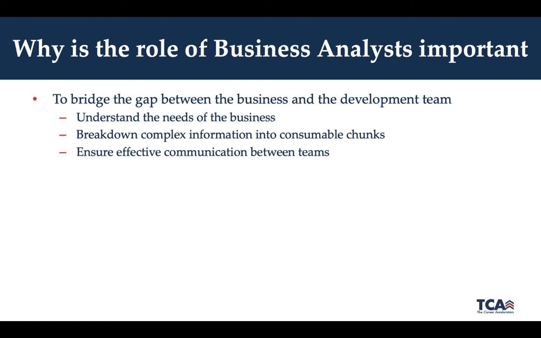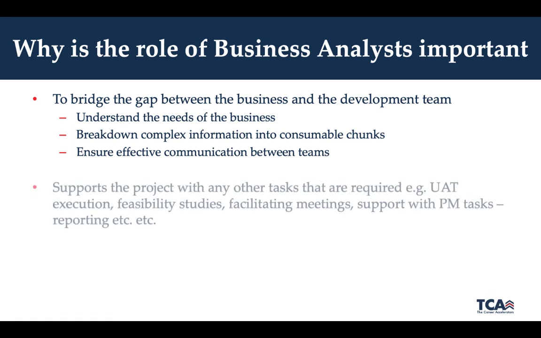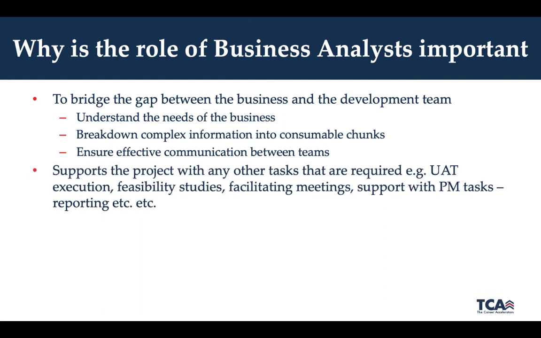Another very key role that a BA plays on a project is to support the project with any other task that is required. For example, on projects, and again, this depends on the size of the project, how much resourcing and how much funds are available, the BA plays a key role in activities such as UAT planning.